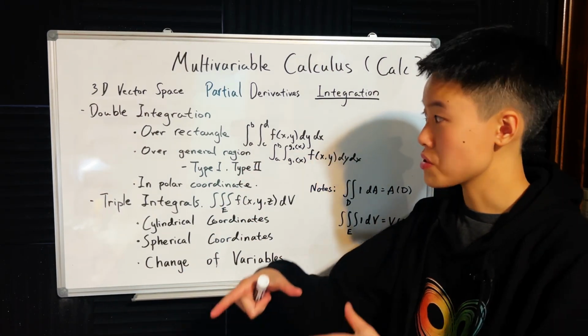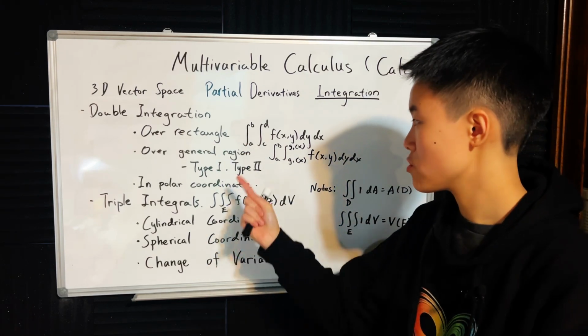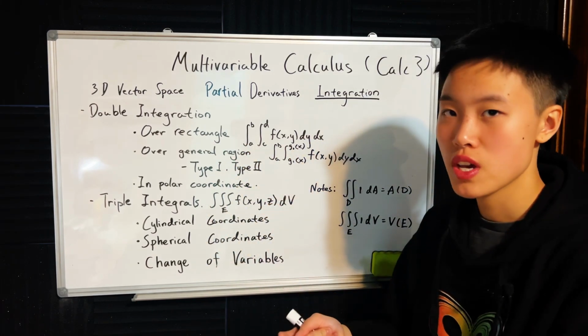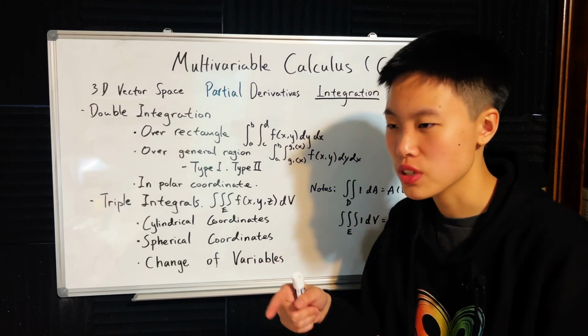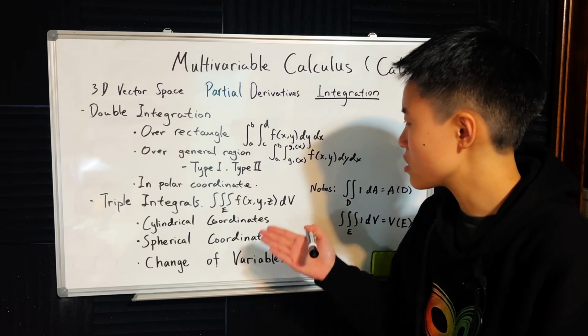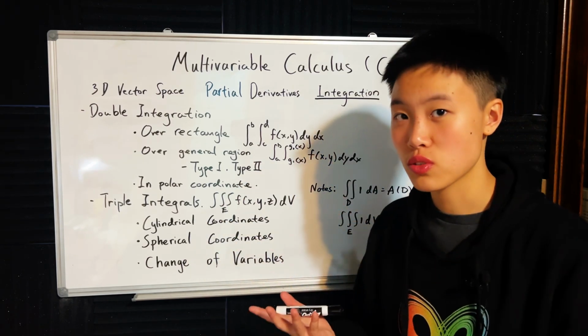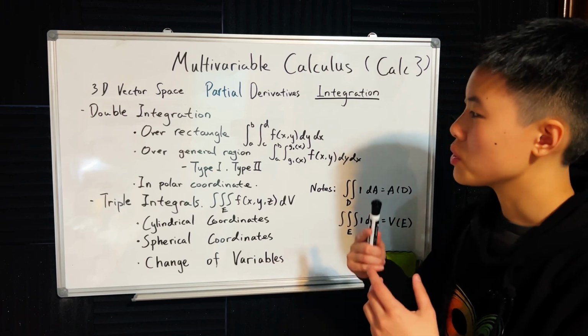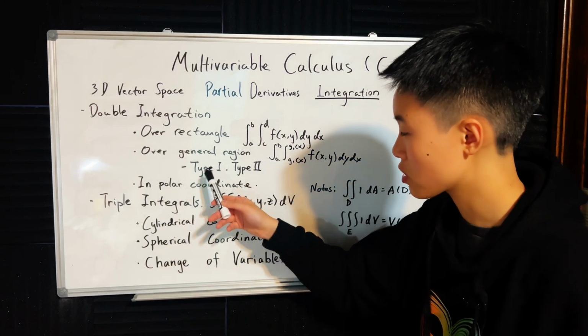But if your bound is a circle and it's not a rectangle, it's hard to classify into type 1 or type 2, because if you classify into 1, the function will be something like root of 49 plus x squared. You really don't want to plug that in and try to integrate it, that's just too much of a hazard. So you will convert the whole function into polar coordinates.